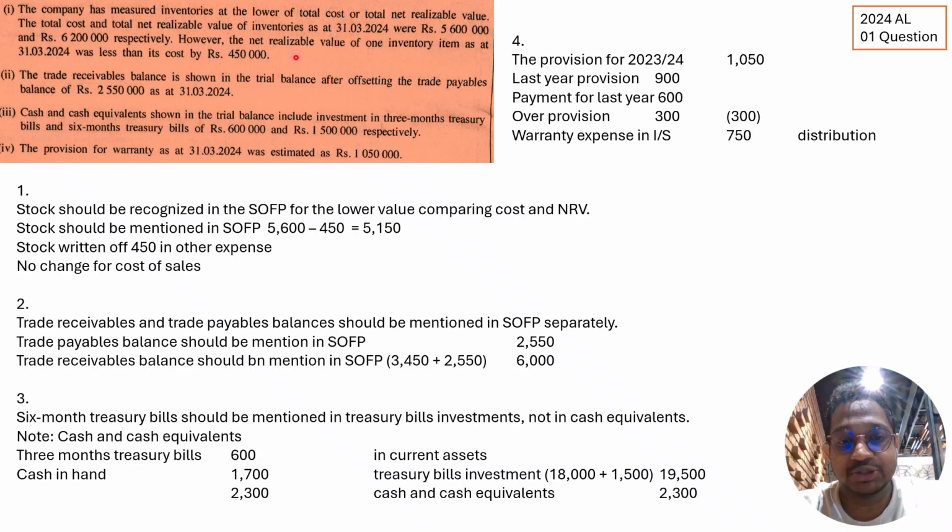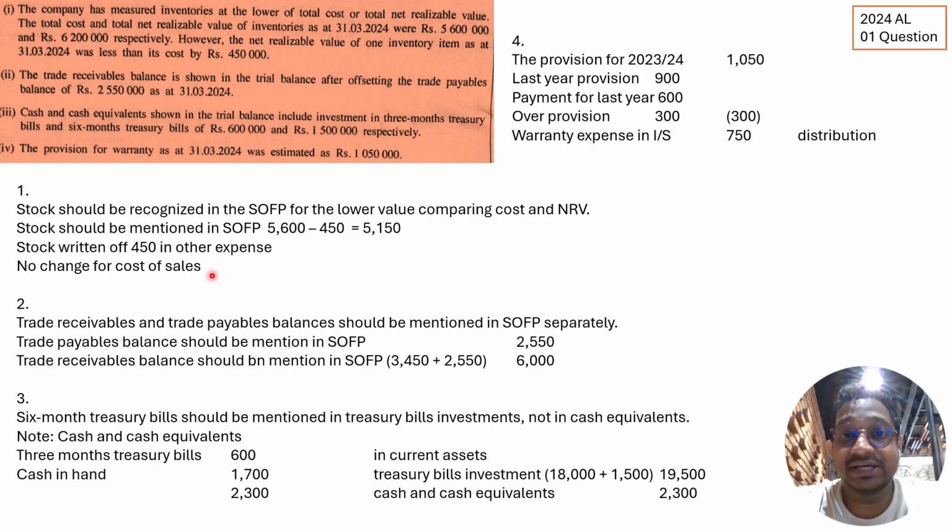So that 450 you should write off as stock written off in other expenses, and the stock you should identify in your SOFP is 5,600 minus 450, which is 5,150. So 5,150 is the amount you should mention in your SOFP under current assets after reducing that stock written off, and the stock written off you should mention in other expenses as well.